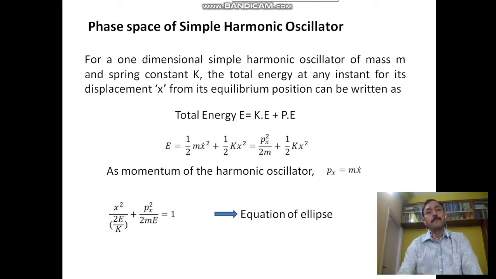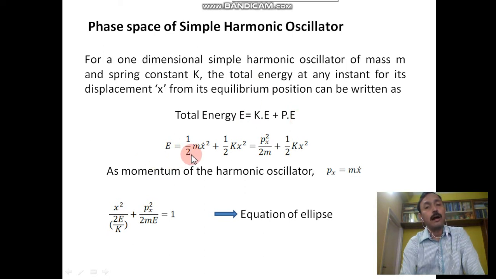Phase space of simple harmonic oscillator. For a one-dimensional simple harmonic oscillator of mass m and spring constant k, the total energy at any instant for its displacement x from its equilibrium position can be written as total energy E is equal to kinetic energy plus potential energy.